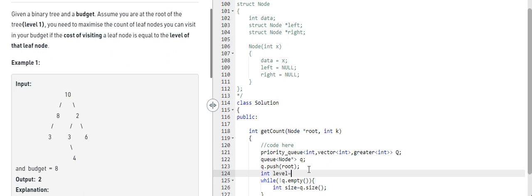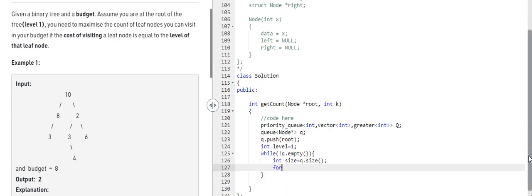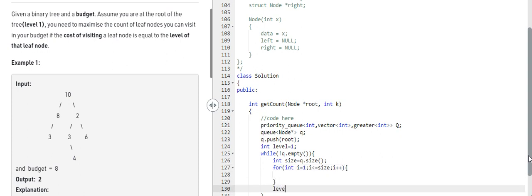So we use one variable, level, starting with 1, because the root node is at level 1. Then I use a for loop with i starting from 1, i less than or equal to size, and then i plus plus, and after this we increment the level by 1.